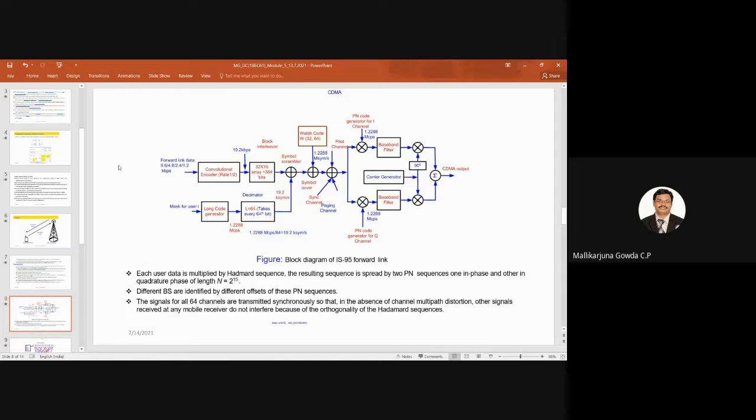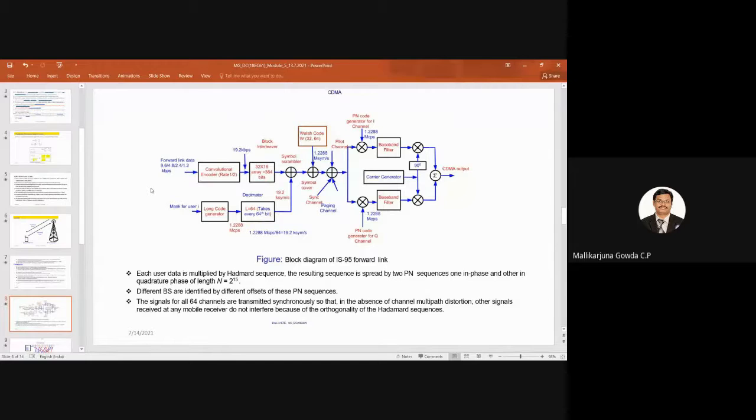Okay, so here the different data rates I have shown: one is 9.6 kbps, second is 4.8 kbps, next is 2.4 kbps, and the last one is 1.2 kbps. These are the different data rates which can be obtained by the speech coder. I said the type of speech coder used is the code excited linear predictive, CELP coder. So that is the first step.